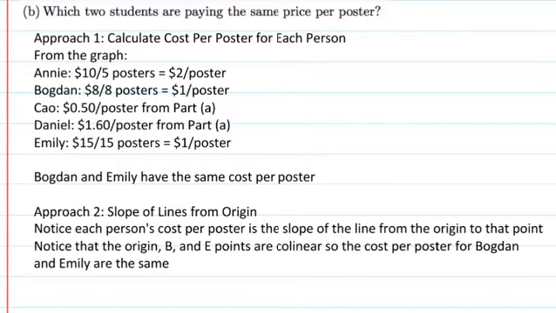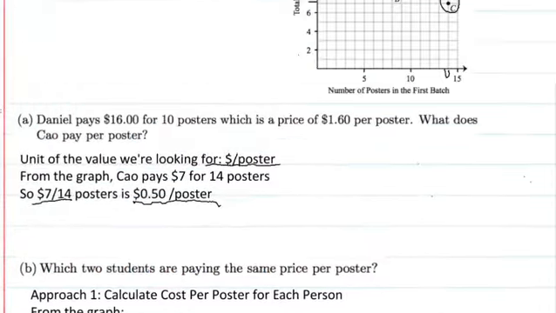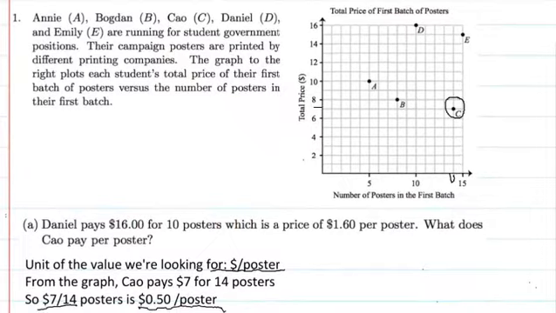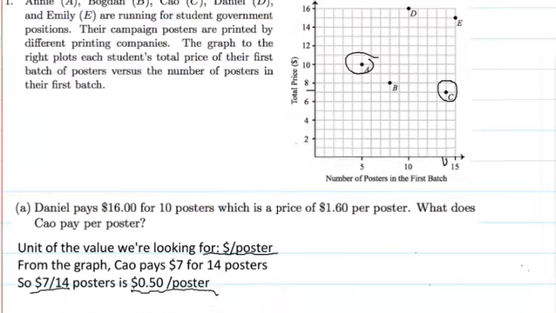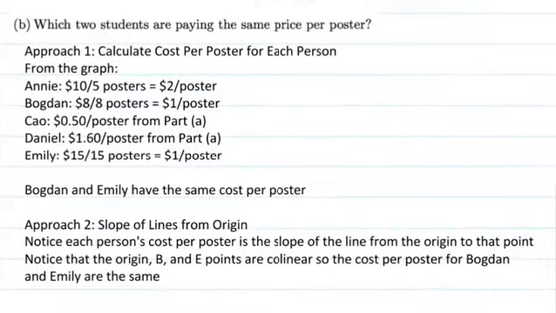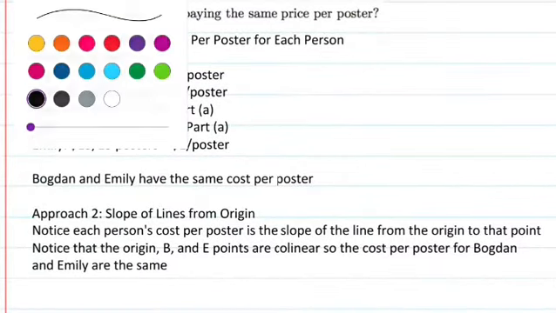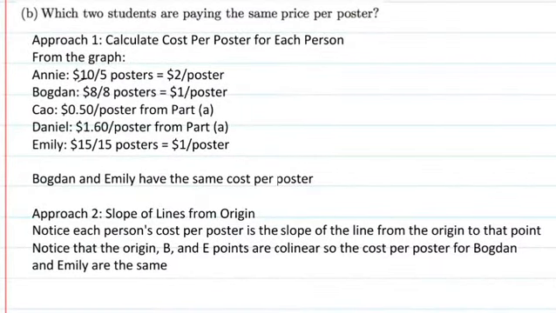The first approach is to calculate the cost per poster for each person. For that, we need to look at the graph for each person's coordinate. So first up, let's look at Annie's coordinate. Annie's coordinate is right here, which we see that Annie pays $10 for 5 posters, which comes out to $2 per poster.